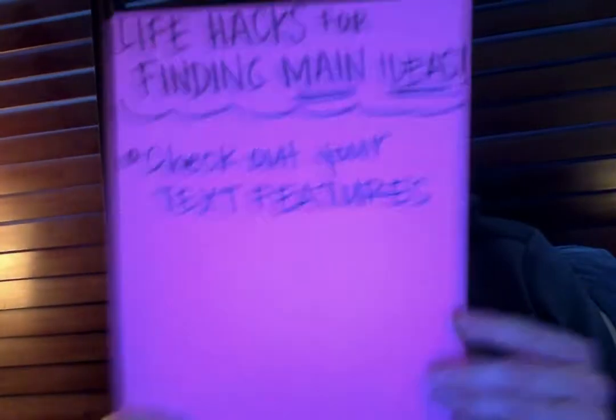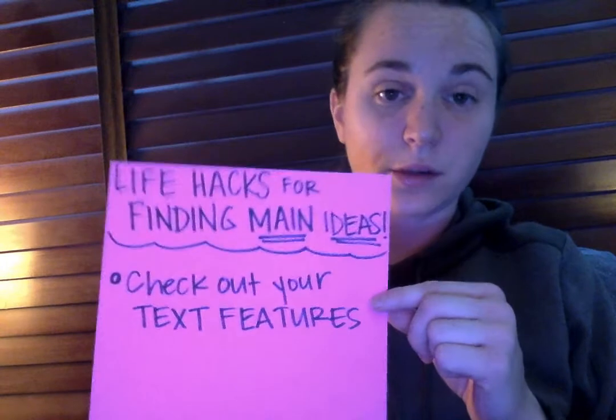So, to repeat my steps, I used this life hack for finding main ideas. I thought about my text features as clues, and I asked myself, what are all these text features really teaching me? I came up with a main idea, and then I went on to read to make sure that it matched up, finding key details that filled in my buttons.